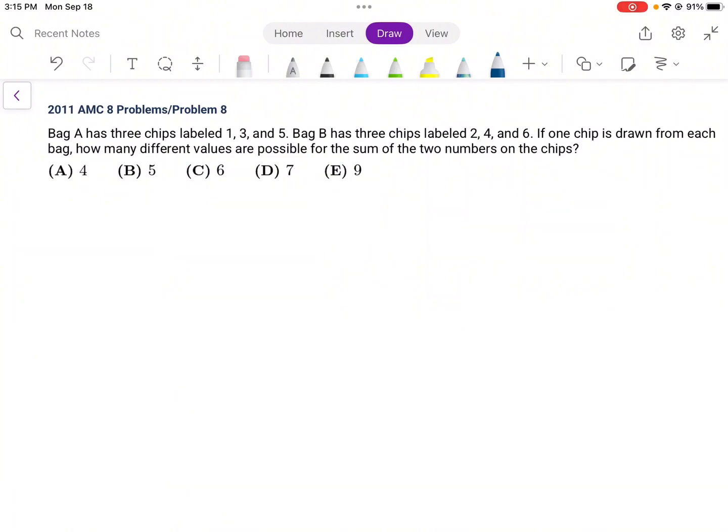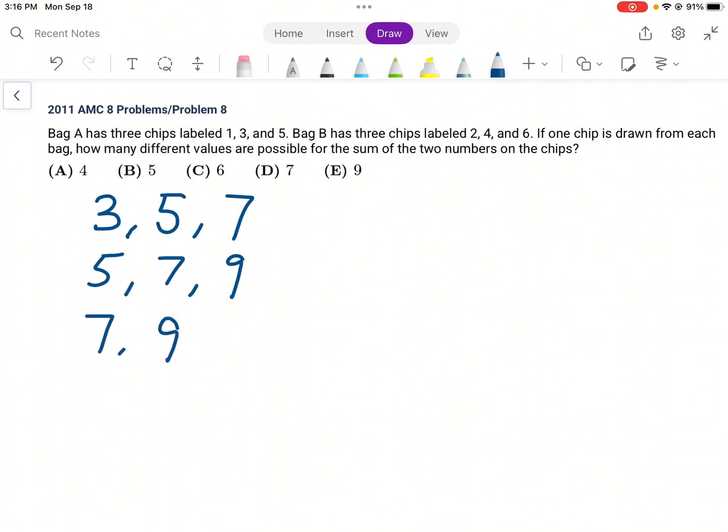We will get 1 plus 2 equals 3, 1 plus 4 equals 5, 1 plus 6 equals 7. And if in the first bag we choose the chip labeled 3, we will get 5, 7, 9. And if in the first bag we choose the chip labeled 5, we will get 7, 9, 11.